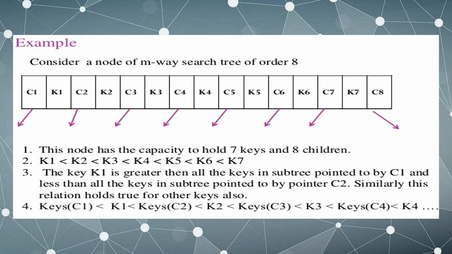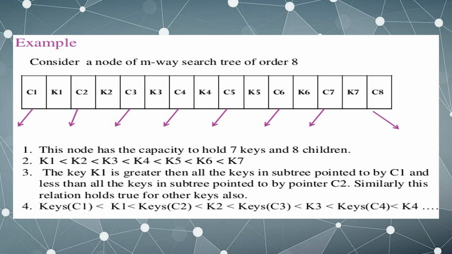But the difference is that K1 is a key and is also called a parent. The parent value is less than the C2 items, but the K2 key is greater than the C2 children. So C1 children come first, then parent 1, that is key 1, then the second child C2, then we come to K2, the second parent.